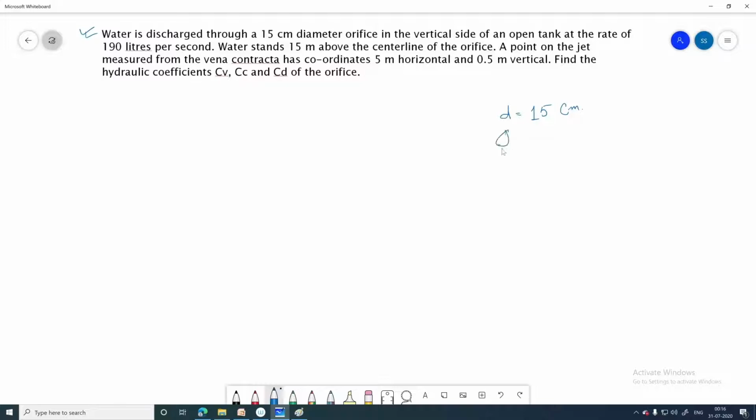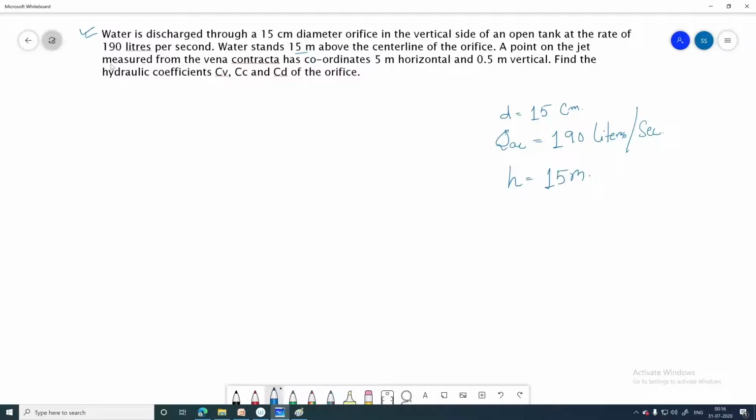So this is the value of Q actual, given in liters per second, 190 liters per second. The water stands 15 meter above the center line of the orifice. That means it is the value of the head, so the head value is 15 meter.